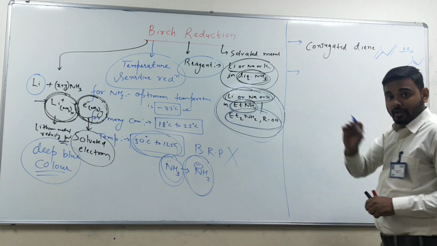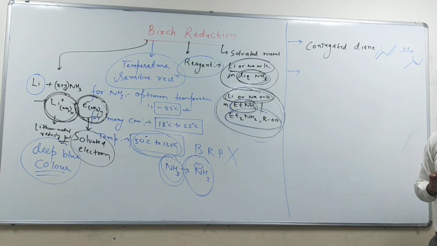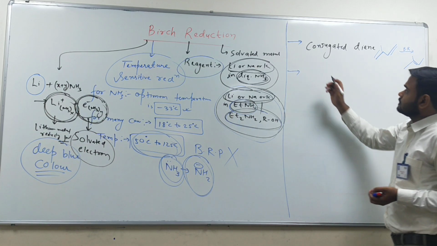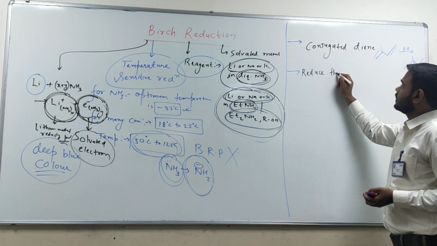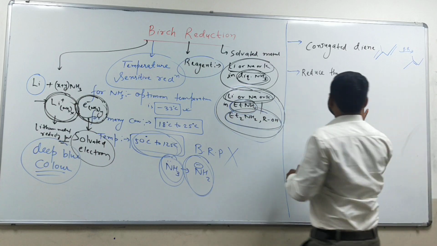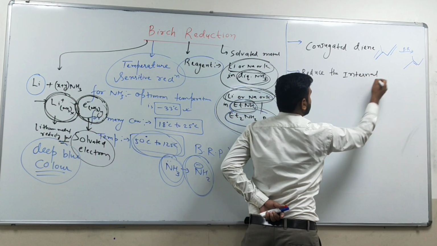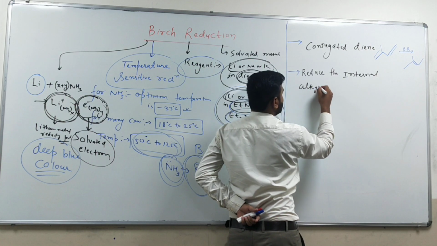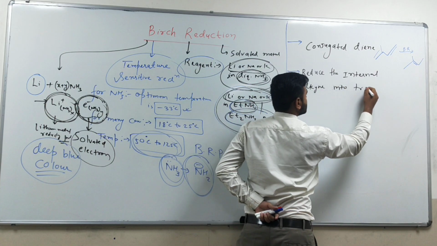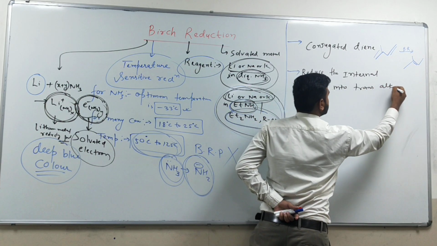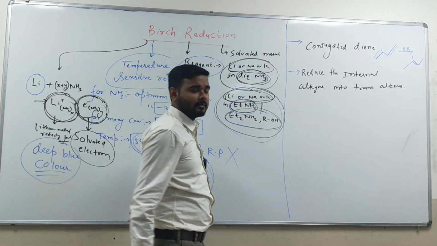The second point is a very, very important point, and many times questions come from this only: Birch reduction will reduce the internal alkyne into a trans alkene. So always keep this in mind. We will see how, and we will see the mechanism as well.